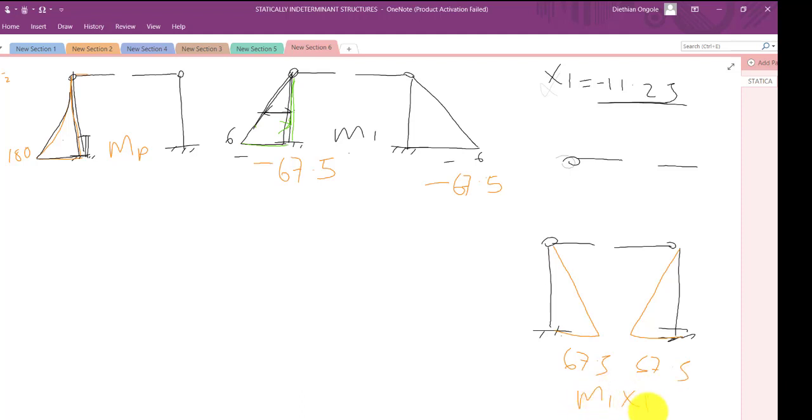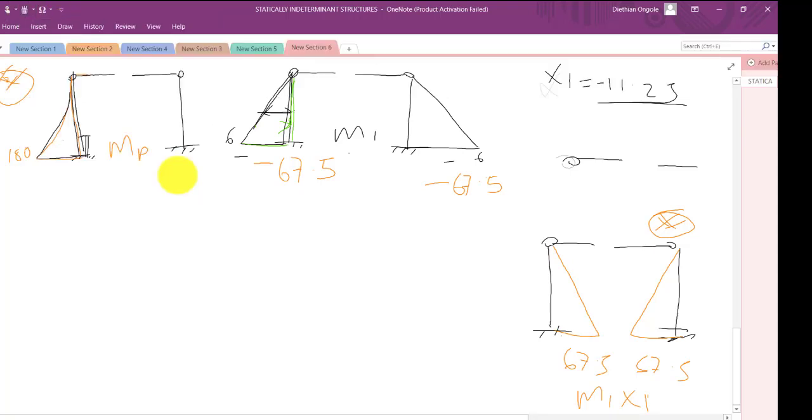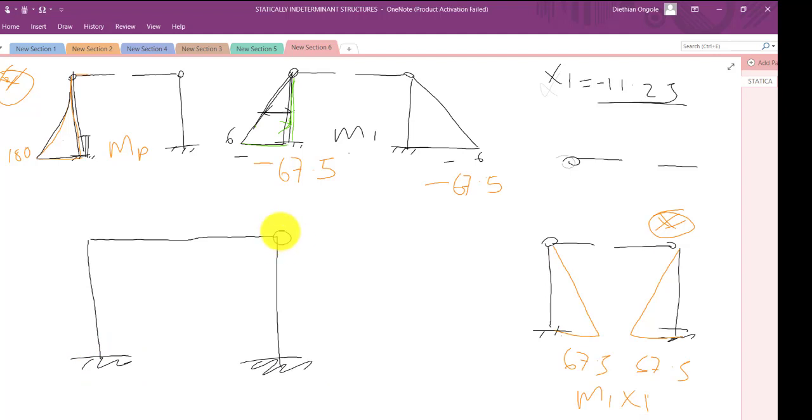Now from that we have to superpose this diagram with this one by adding the moments at the points of interest. So what do we do? If we are drawing our final bending moment diagram this way, then here we've got hinges, even here like that. So I know that the moment at the hinge is equal to 0. Also here it's 0.